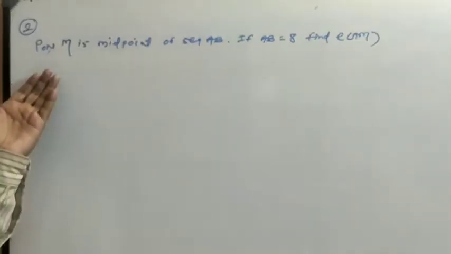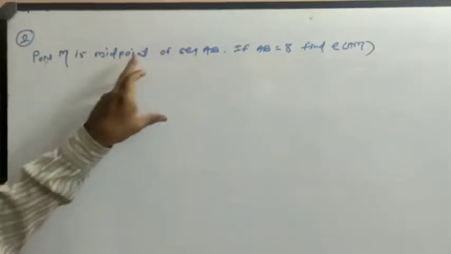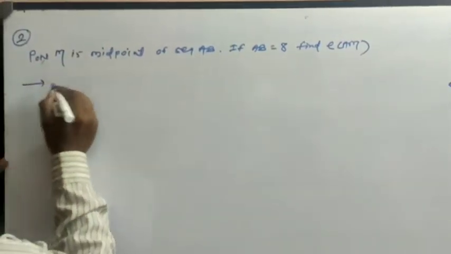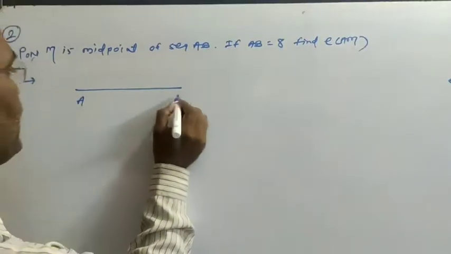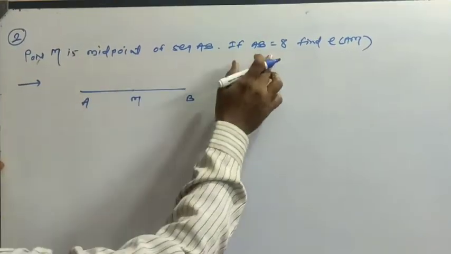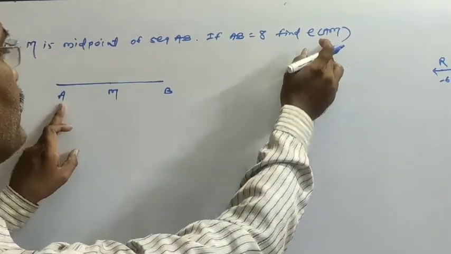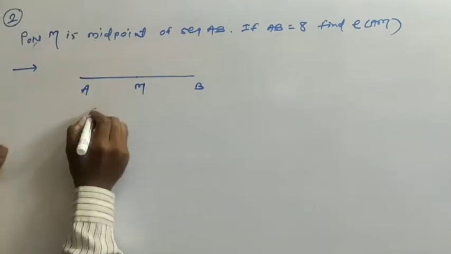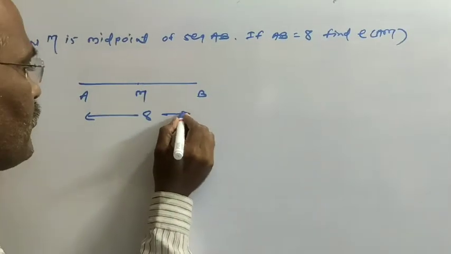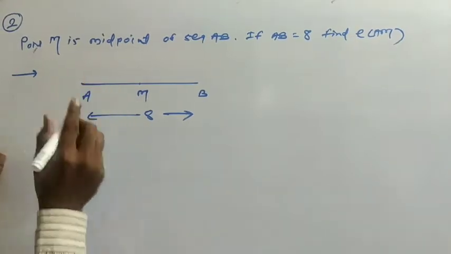Now we take the second question. Point M is the midpoint of segment AB. AB is a segment, point M is the midpoint. AB equals 8. Then find the length of AM. AB is given as 8, and M is the midpoint.